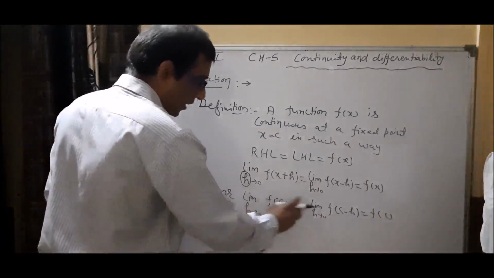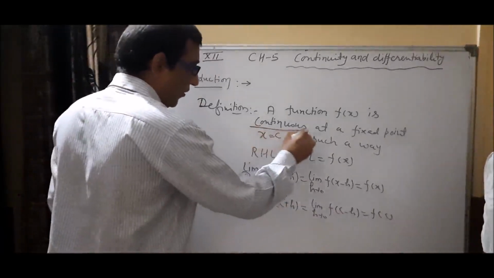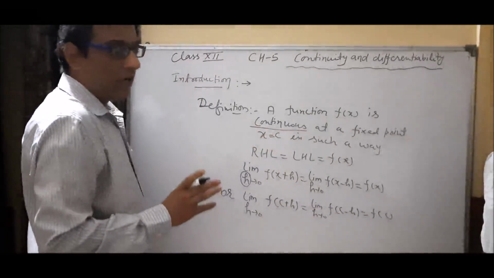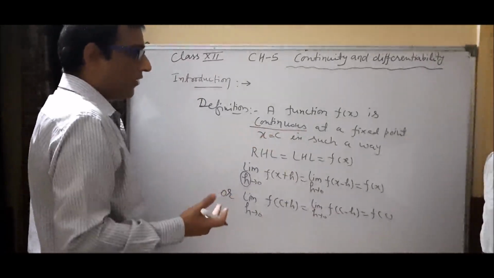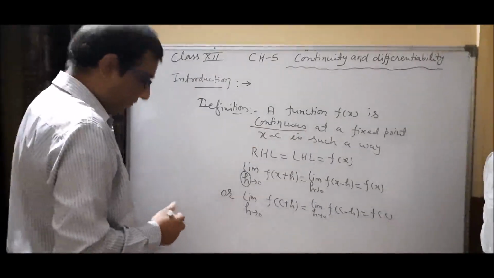If these three things are equal, then we can say the function is continuous, otherwise it is not continuous, or we can say it is discontinuous.